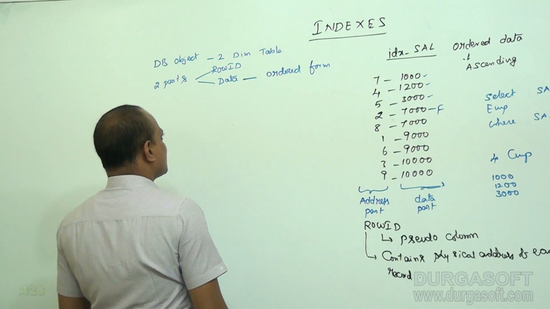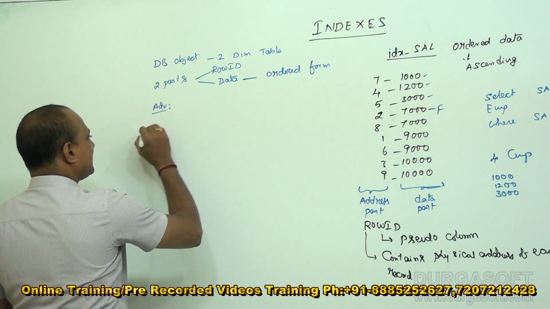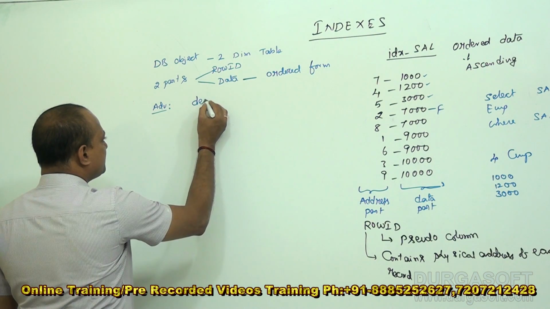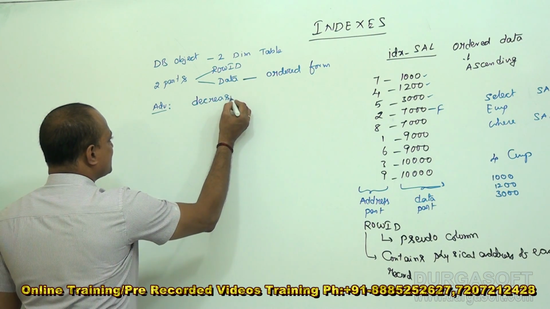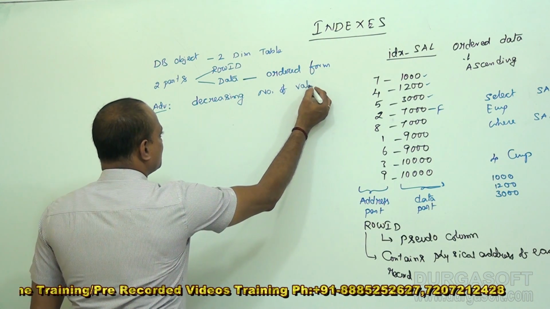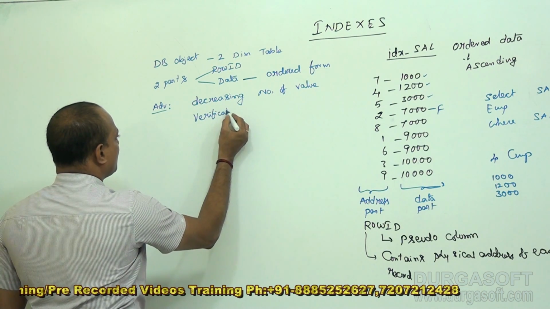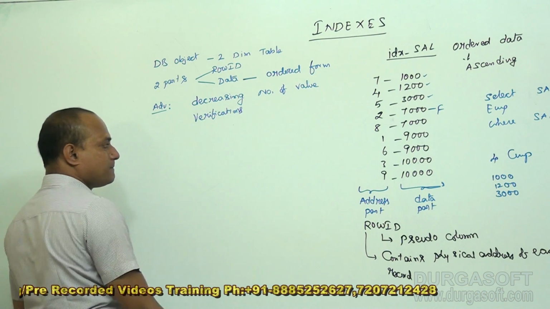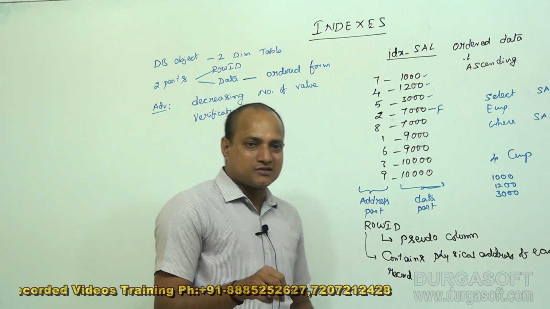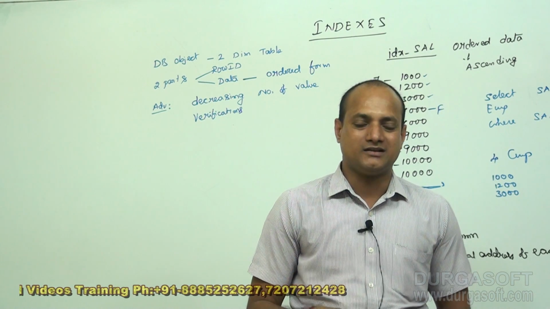What is the advantage of an index? Index is decreasing the number of value verifications, or the number of times the condition is checked. So automatically it is reducing the search time for the required data.